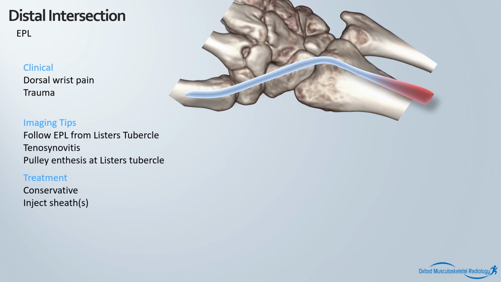Sometimes included under the heading distal intersection is impingement of the extensor pollicis longus against Lister's tubercle itself. The unique anatomical orientation of the tendon, where it slingshots around Lister's tubercle, makes it prone to damage in this location.